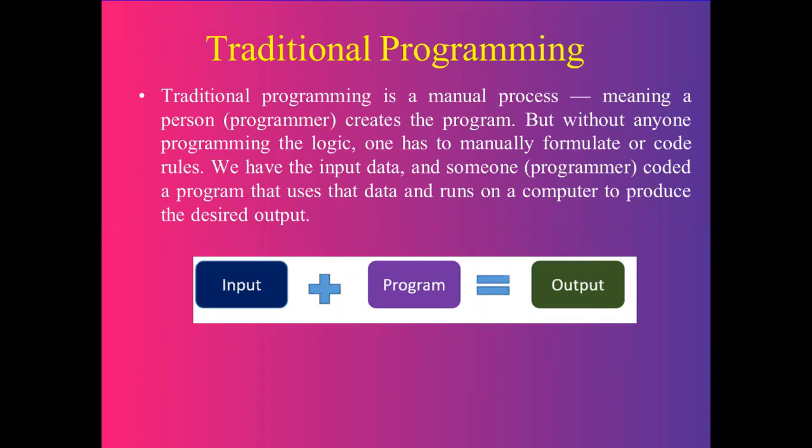We have the input data and a programmer who codes or programs that data, and it runs on a computer to produce the desired output. So based on the input data and the program, we get the output. That is traditional programming.